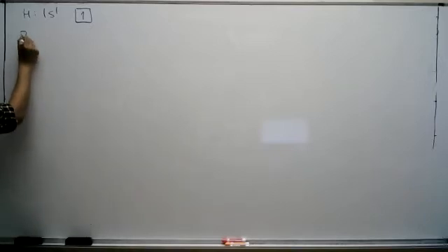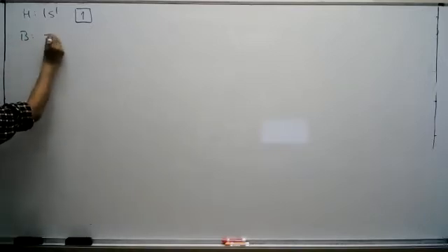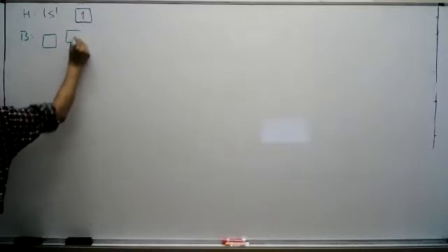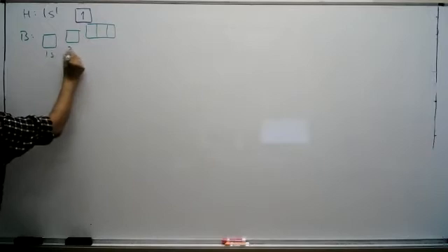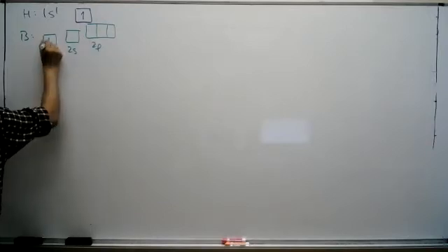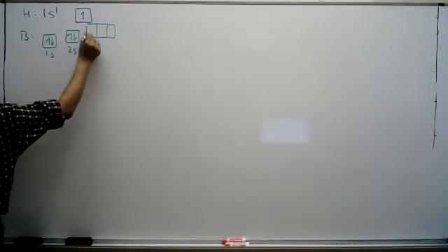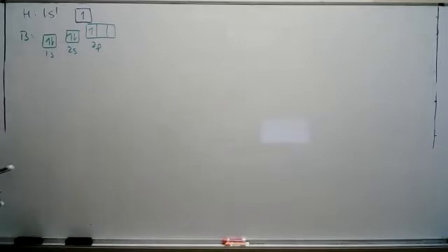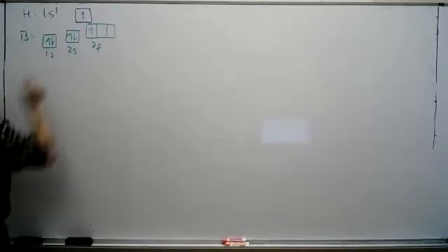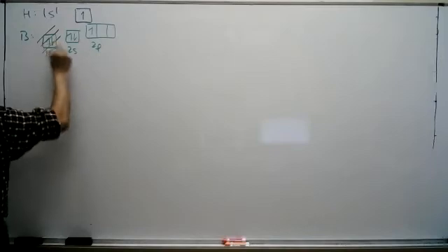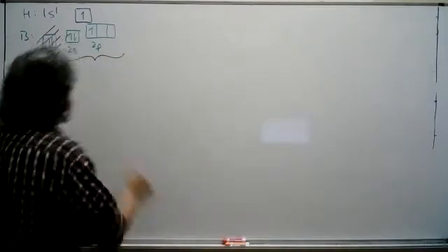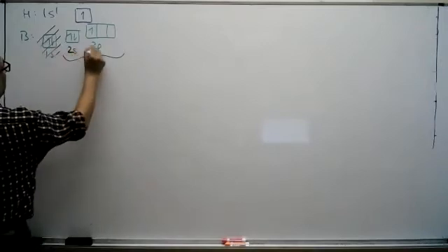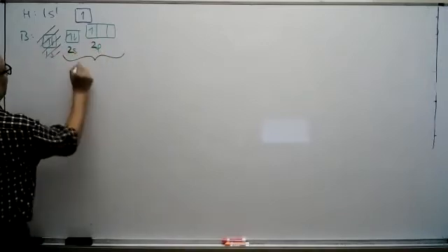Boron is 1s2, 1s, 2s, 2p. Okay. So again, this is not important. This is important. 2s and 2p because that's the number. That's the outermost shell. That's the valence shell.